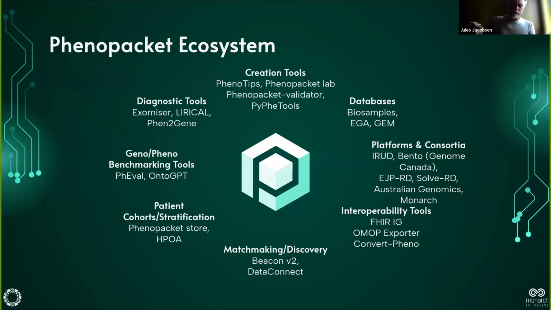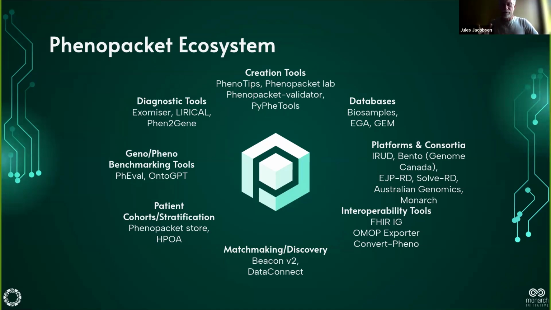Then, moving a little bit more out of the Monarch world, we're going into things like matchmaking and discovery. So the Beacon v2 and Data Connect GA4GH products. I think Beacon v2 has been accepted now as a new product, but they're using the Phenopacket as basically the data model internally.